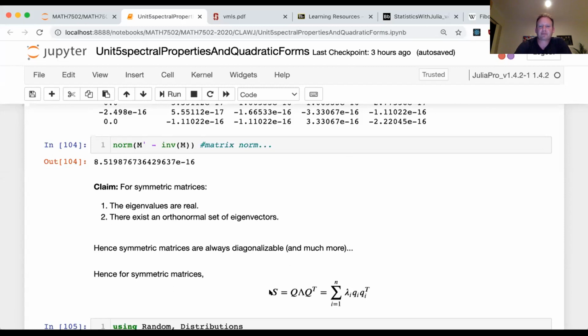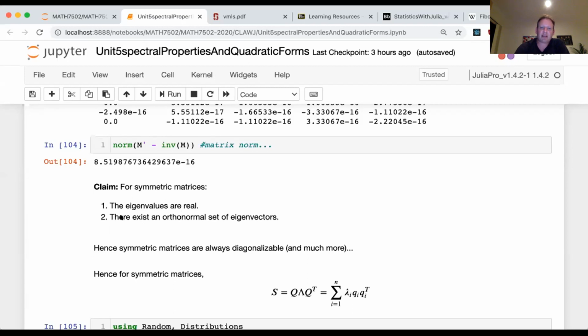Okay, so I think I'll summarize with that. Very quickly, what we did today: we reviewed the least squares, pseudo-inverse, and projection matrix, and then we started this new unit on spectral properties and quadratic forms. We saw a whole bunch of properties of eigenvalues and eigenvectors. And now we specialized to symmetric matrices.